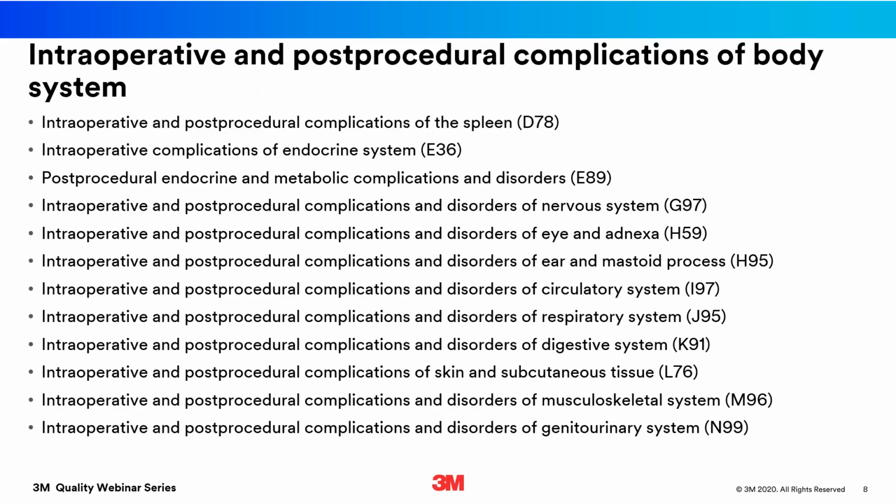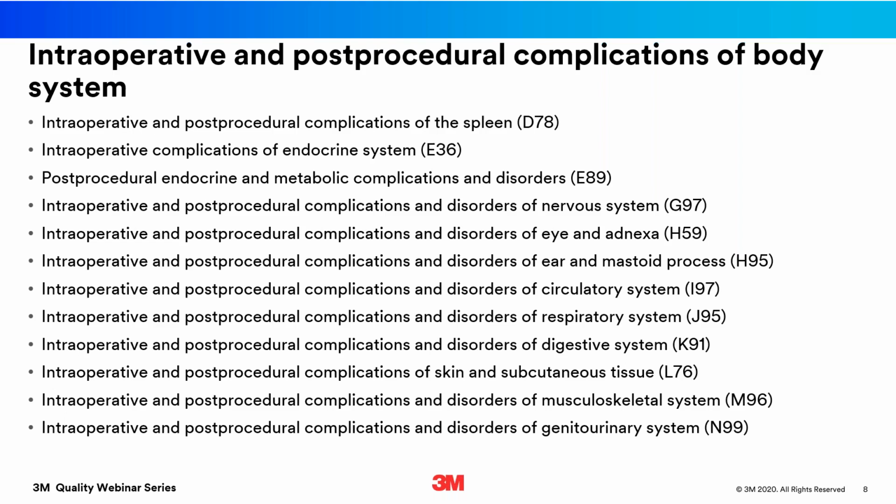But in addition to the T code range, there are also complication codes available within the body systems throughout ICD-10-CM. What you see on this screen are all the different locations they could be located: the spleen, the endocrine system, and going on down, you'll see nervous, cardiac, respiratory.